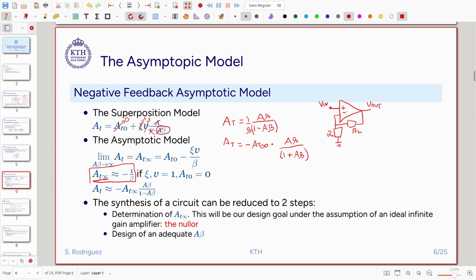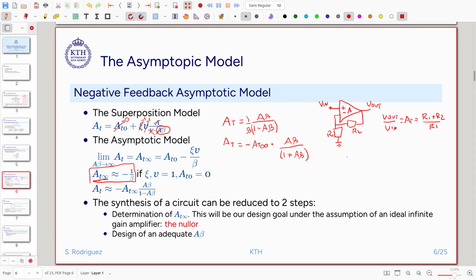We know that if we assume that the amplifier is ideal, the total transfer function V out divided by V in will only depend on the resistors. This is from our basic course on analog electronics, so that will take this value with R1. So that will be our ideal transfer function.